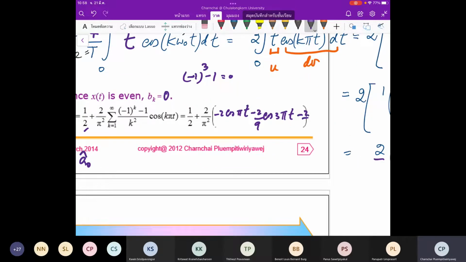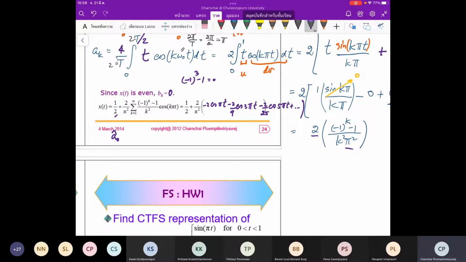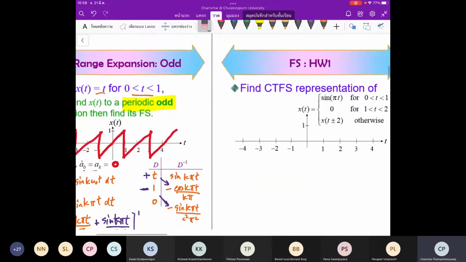What's the next term? k is 4 is going to be 0. When k is 5, it's 25, cosine 5 pi t, and so on. And that's how we get the series. We write x of t in terms of this cosine series, the Fourier series. And that's it.